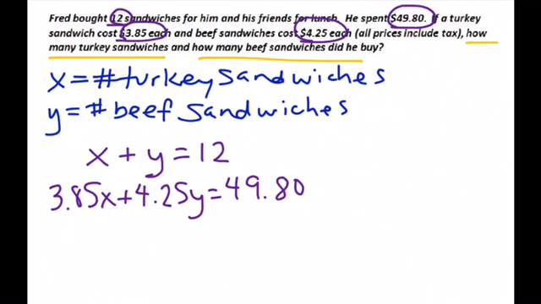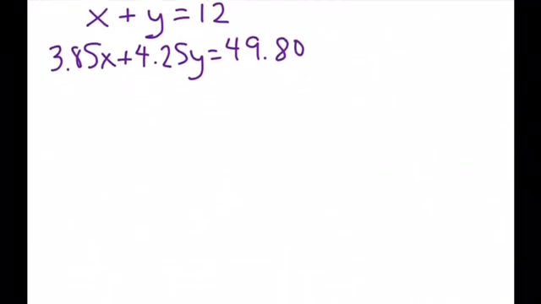Now I'm going to solve this system of equations, and we're going to do this three different ways, because we've learned three different methods in this entire packet that you've been working on. The first way we're going to do today is use the inverses of matrices. So I'm going to write a matrix equation with the coefficients.